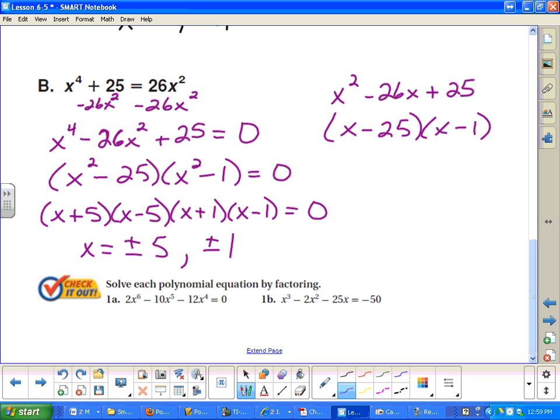And if you graphed it, then you would see that it crossed the x-axis in 4 places. Those 4 numbers: 1, negative 1, 5, and negative 5.